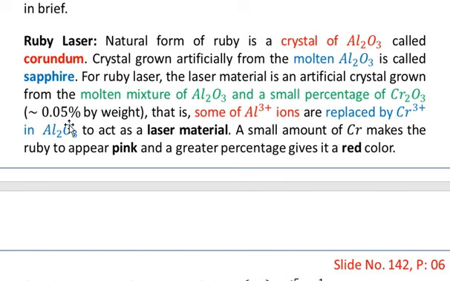And then Al2O3 with the substitution of chromium ions will act as a laser material. A small amount of chromium makes the ruby appear pink, and a greater percentage gives it a red color.